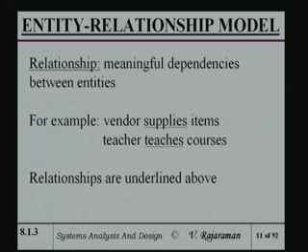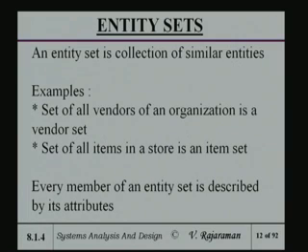Normally relationships are verb classes, and entities are noun classes. So, teacher teaches courses. Teaches is the relationship, and the two entities which are related, namely teacher and courses, are related by the process of teaching. So here you underline the relationships.